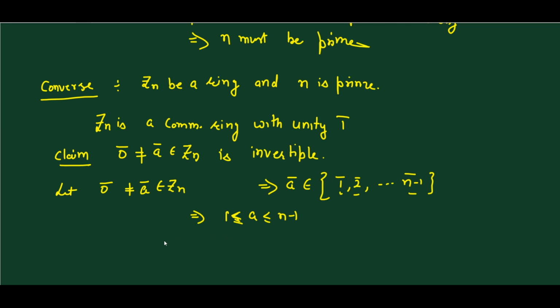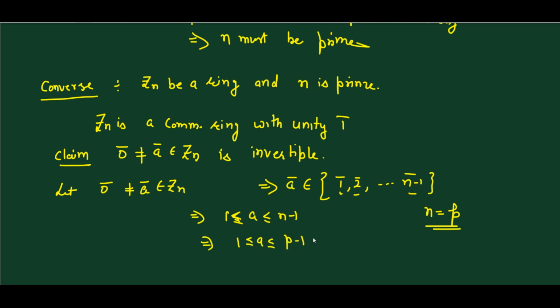And n is prime. So n is p. This implies 1 is less than or equal to a, which is less than or equal to p minus 1.